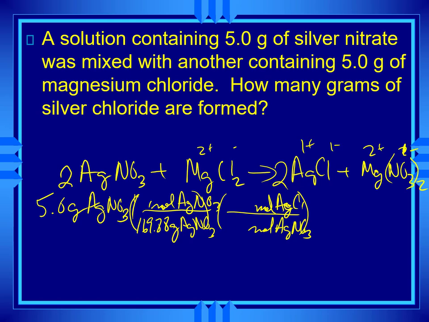Silver chloride, it's 1 and 1. And then moles of silver chloride to grams of silver chloride. 1 mole is 107.87 plus 35.45 is 143.